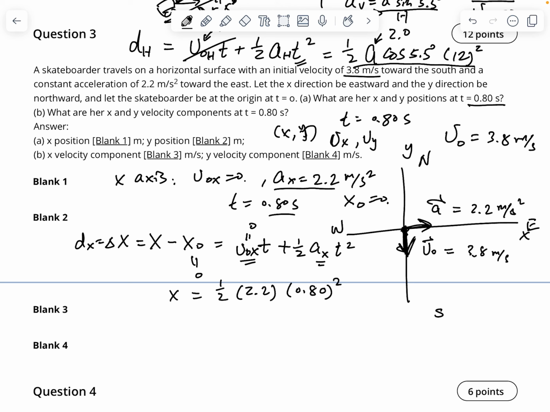Okay, so that is your x location. What is Vx? Vx equals v naught x plus ax t, right? So Vx is 0 plus ax 2.2 times 0.80. Okay, so this is Vx, and this is x.